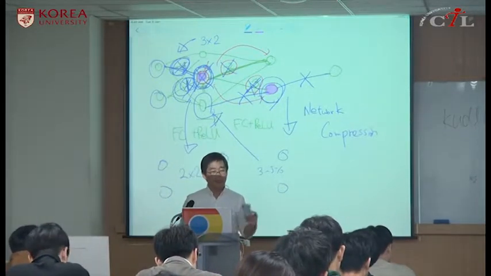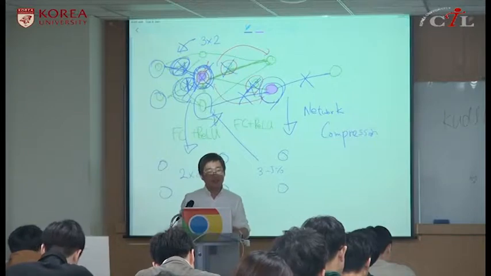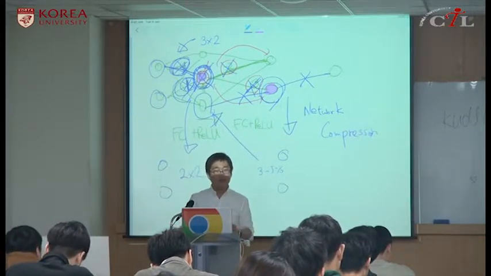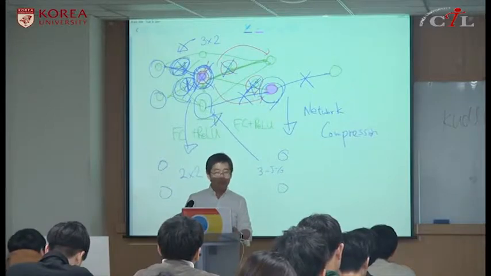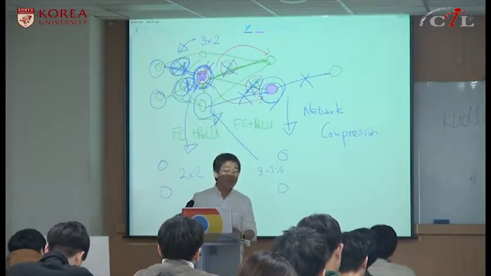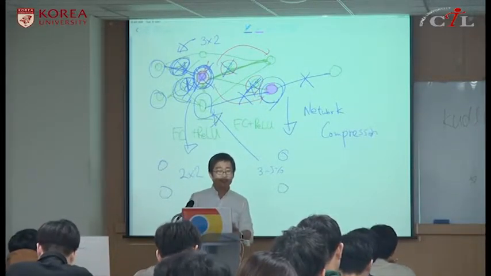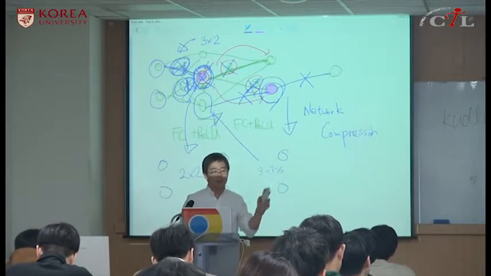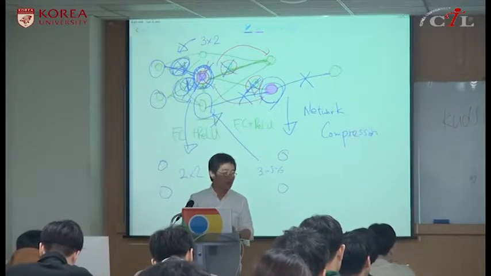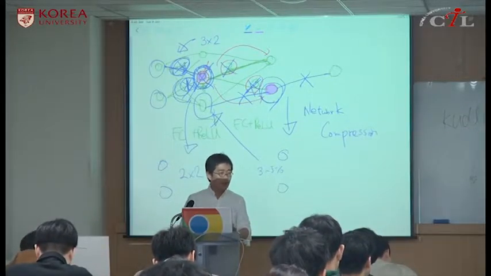So the utility, or how often this node is actually used in our network, is only like 3 to 5%. So those nodes are the ones that we can remove if we want to more actively reduce the network size or compress the network.